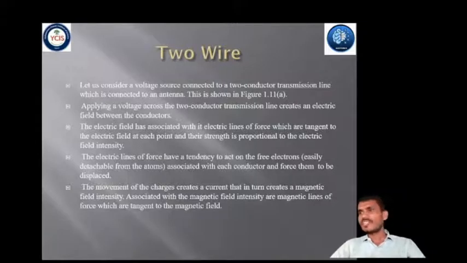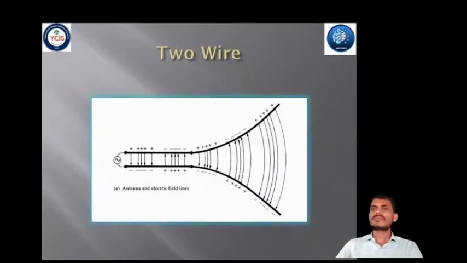Let us consider a voltage source connected to a two conductor transmission line which is connected to the antenna. This can be seen in this figure. When we apply this voltage across the two conductor transmission line, it creates an electric field between the conductors. The electric field is associated with electric lines of force, which are tangent to the electric field at the point, and their strength is proportional to the electric field intensity.